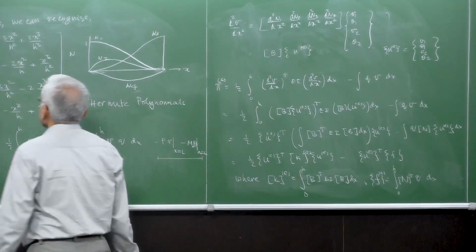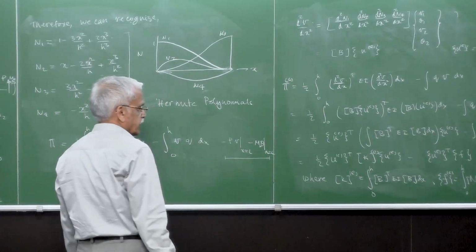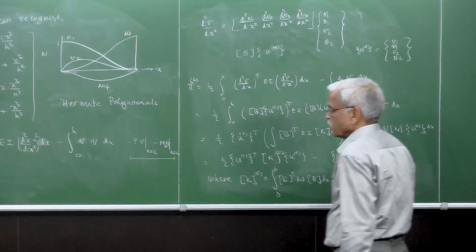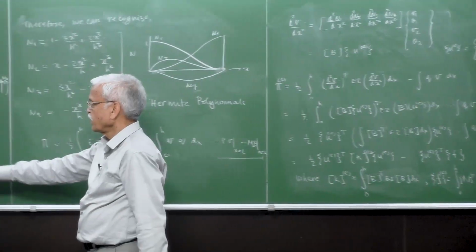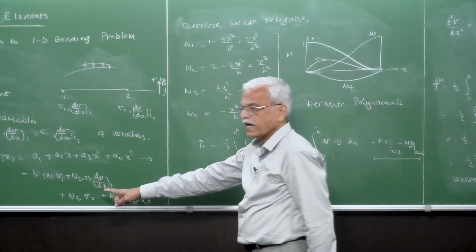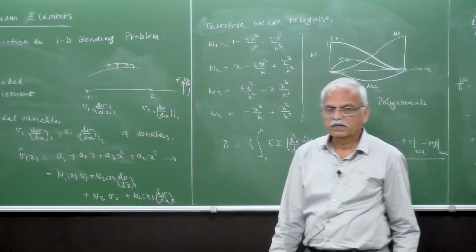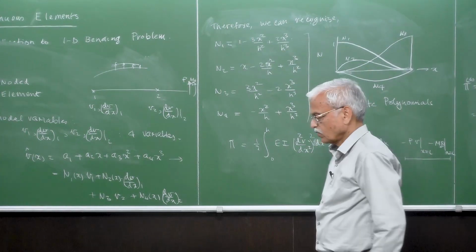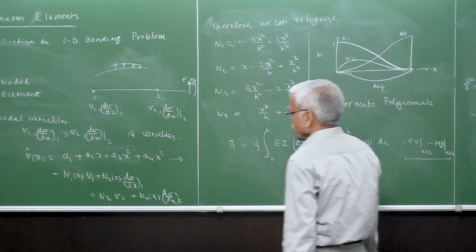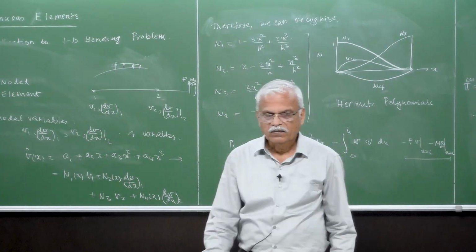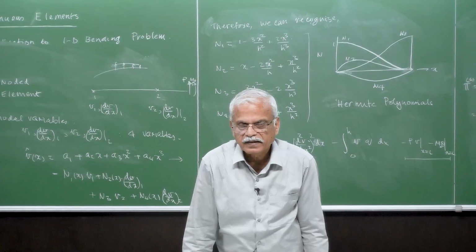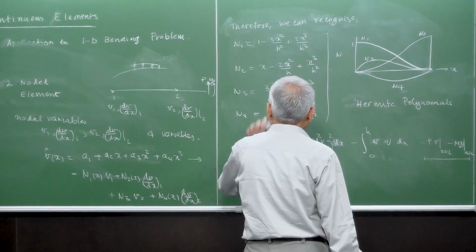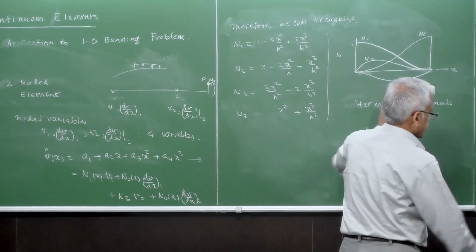What is N? If you recall, N is the row vector of the shape functions. What we are doing here is N1, N2, N3, N4 multiplying V1, theta 1, V2, theta 2 in the matrix form. So N1, N2, N3, N4 is written as a row matrix multiplied by the column vector of V1, theta 1, V2, theta 2.